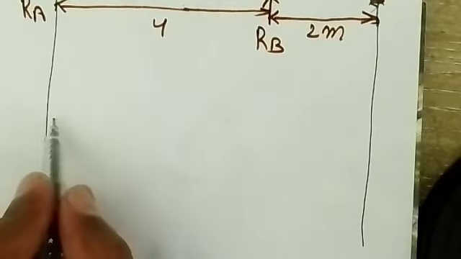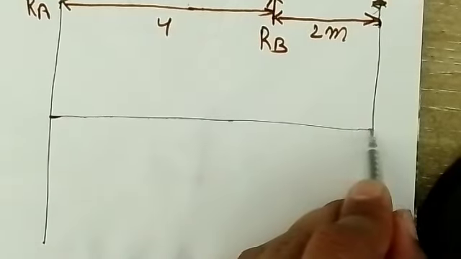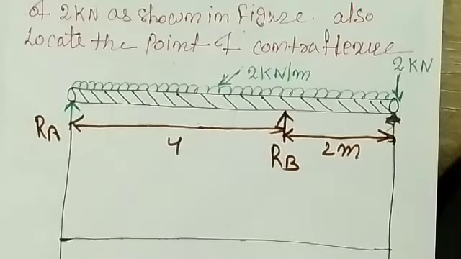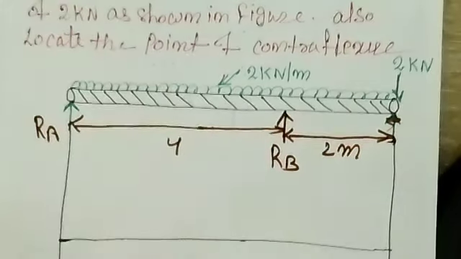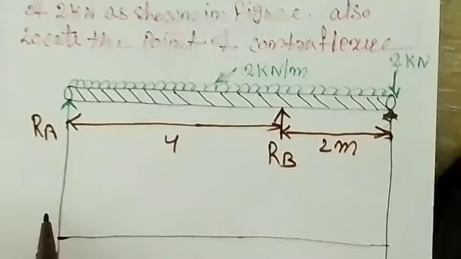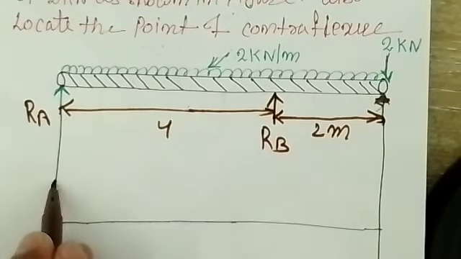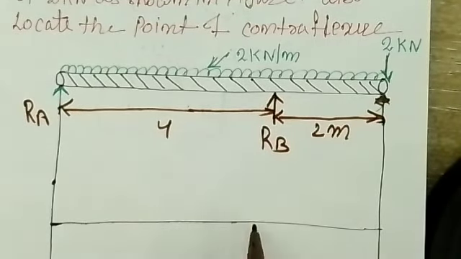So let's say this is your shear force diagram. Shear force at A is what? The shear force at A you got is 2 kilonewton positive, right? So you can choose any point, let's say it is 2 kilonewton.